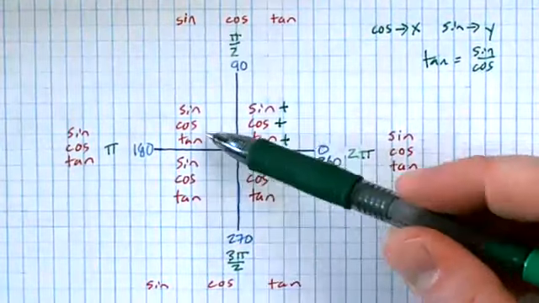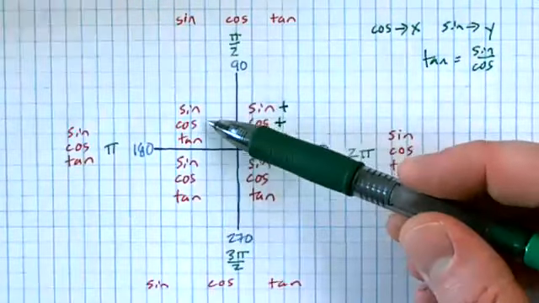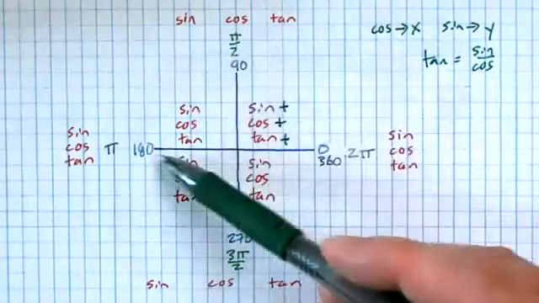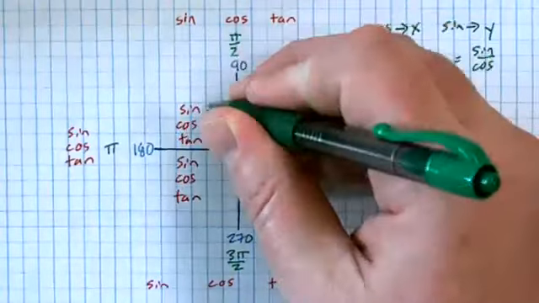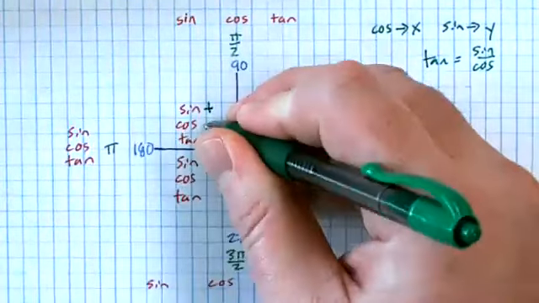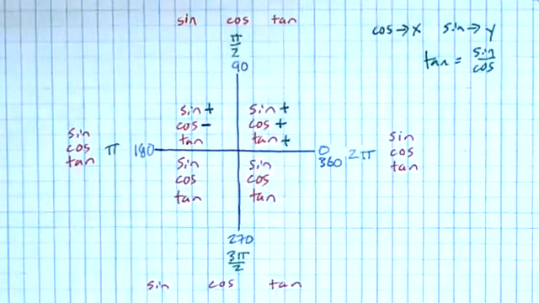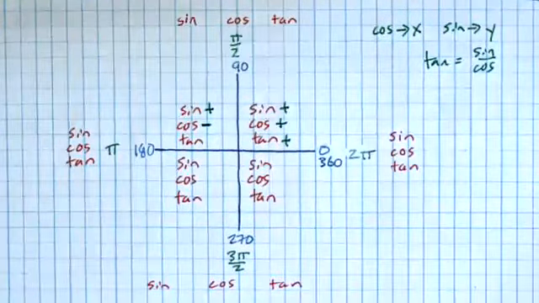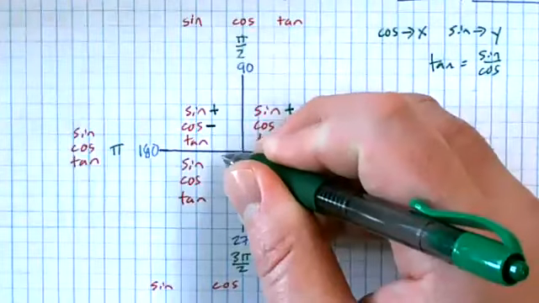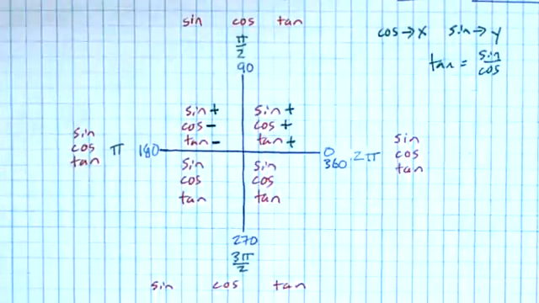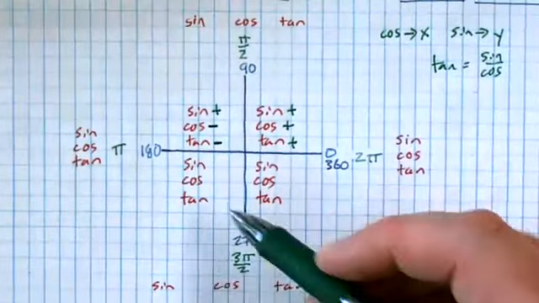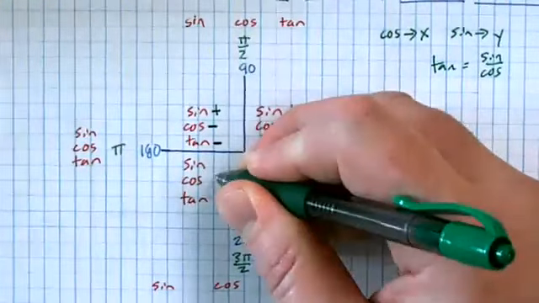All right, second quadrant, x's and y's are not both positive. One is. The y would be positive here, right? So that means sine is positive here. But the x coordinates are all negative here, so that means cosine would be negative. And if we were to make a fraction out of a positive and negative number, we're going to get a tangent of minus. All right, we already talked about the third quadrant.